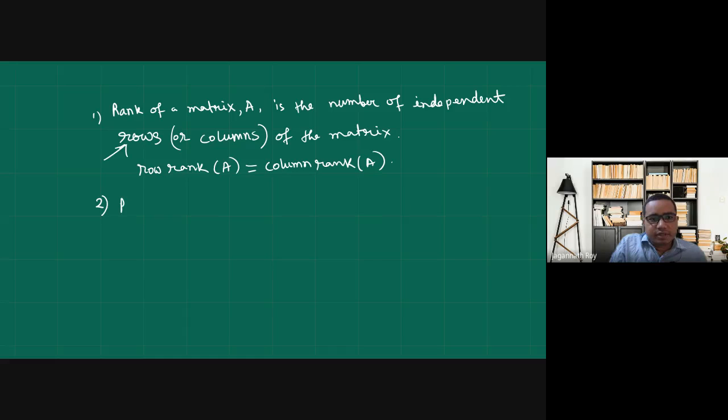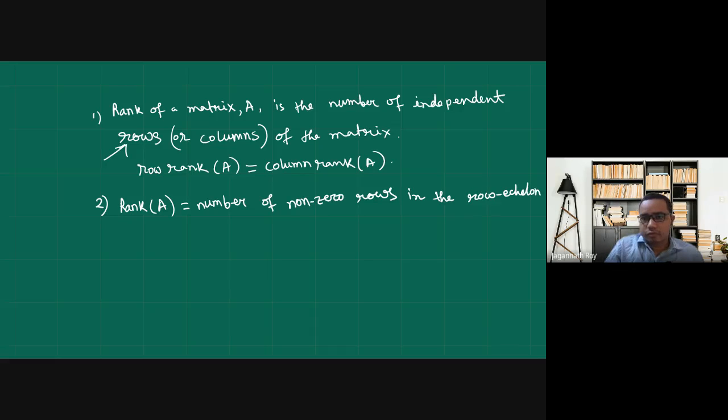So the rank of a matrix A is the number of non-zero rows in the row echelon form of A. Now there is a new term called row echelon form.